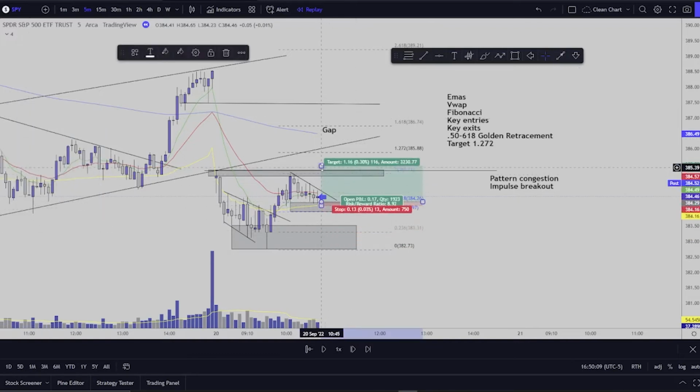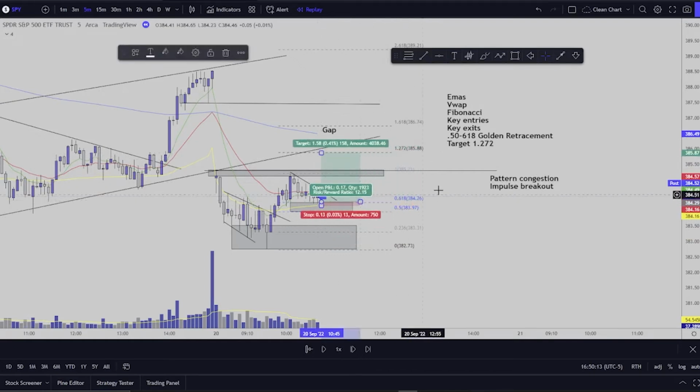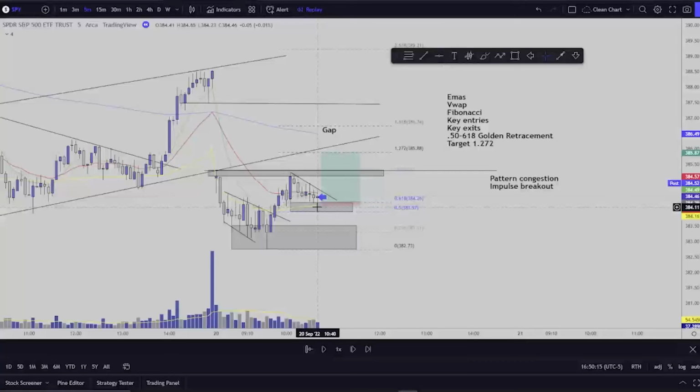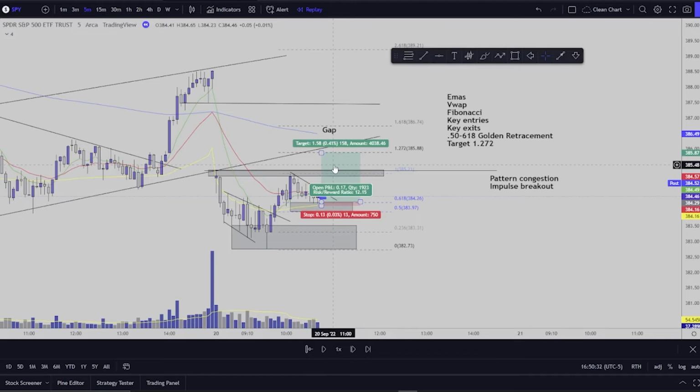Let's say you have VWAP as your actual risk, right? Let's say once it breaks VWAP, you say, hey, I'm out, right? So for instance, look at that type of stop, right? You're risking 0.03% of SPY's actual price to a reward of 0.41% in regards to the actual price of SPY.